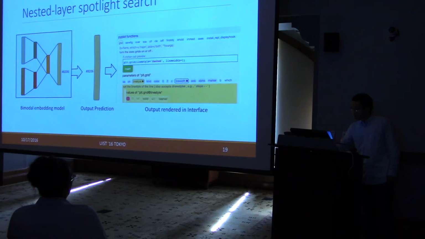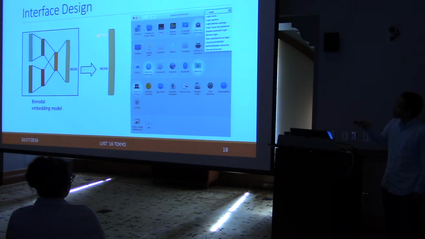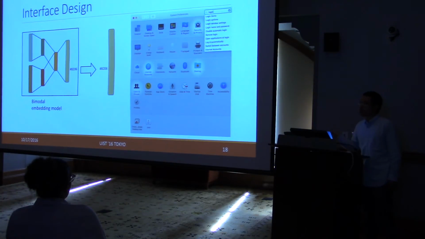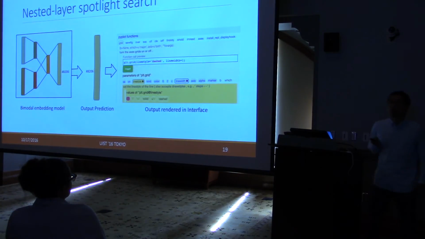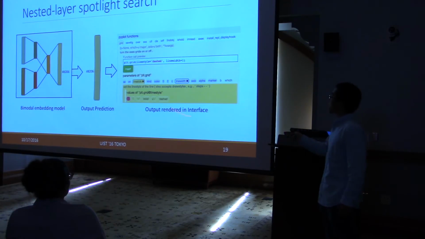So we took that idea, but the problem is we have so many entries. There are tens of thousands of entries in this dictionary. We cannot show tens of thousands of items here. So we have to leverage the hierarchical structure again. Some of them are functions, some of them are parameters, some of them are values, and we use the hierarchical structure to make sure that this whole thing is conveniently presented.